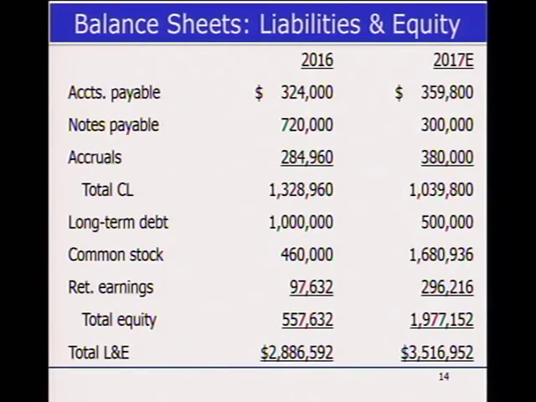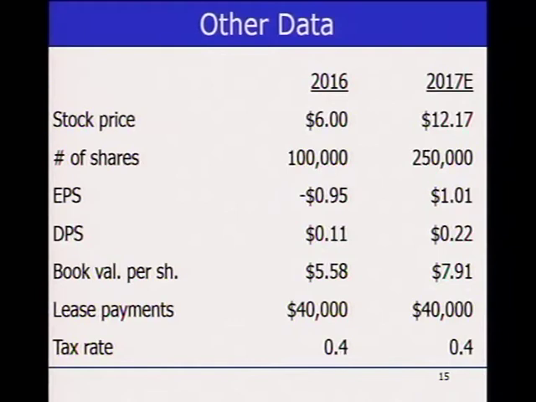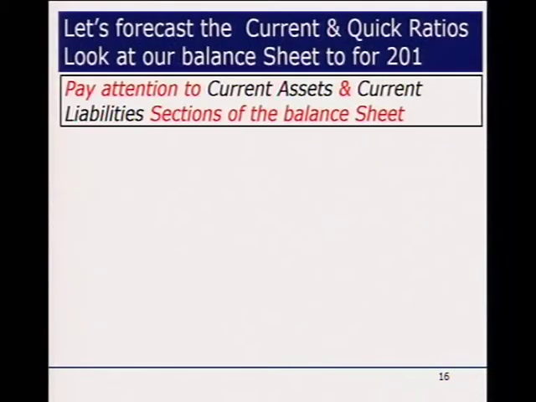So those are estimated. The E stands for estimated figures. We have just projected them. The other data relates to stock price, number of shares, earnings per share, you name it. So we'll be looking at those figures as well as we go on.